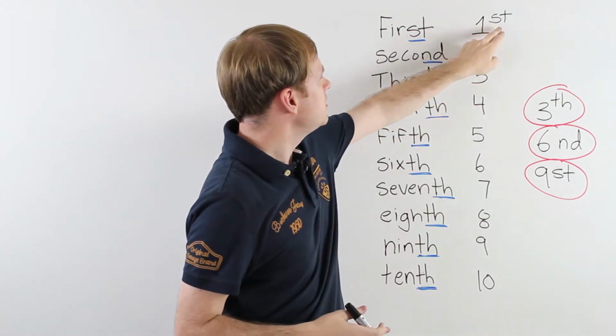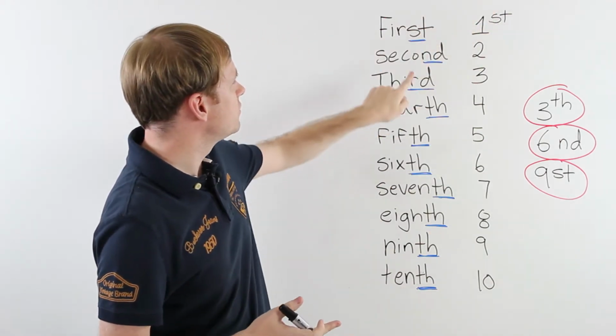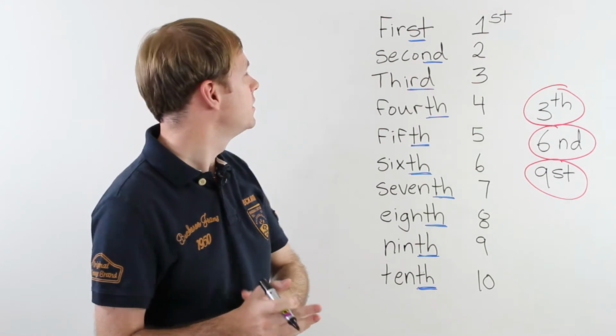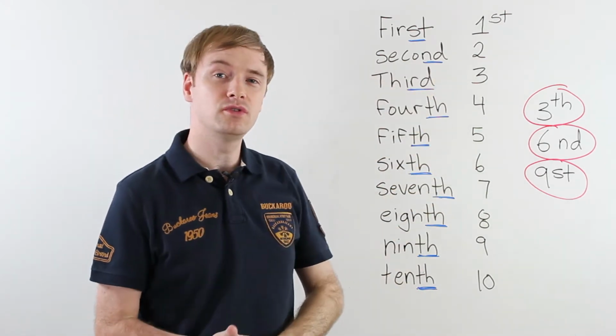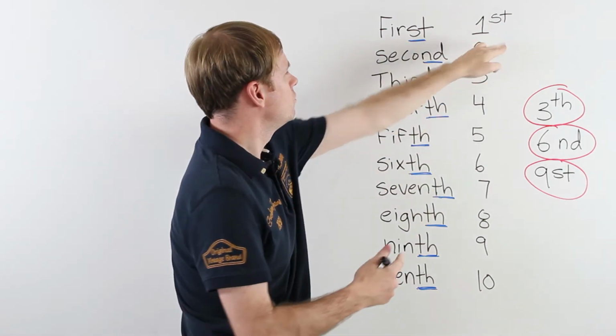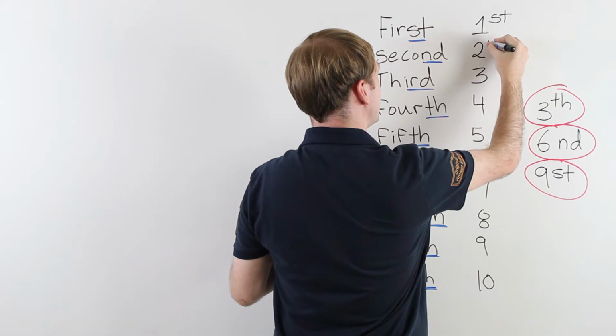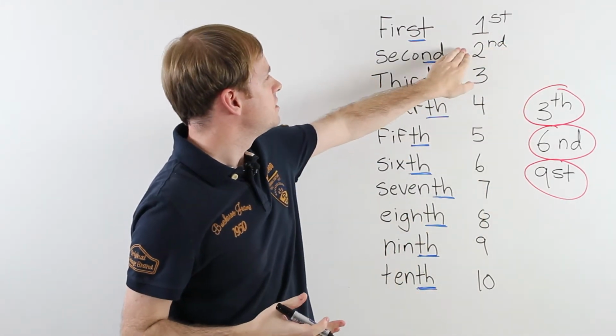And the ST is usually up, okay? Let's move on to second. Second, we see that is ND. So the last 2 letters of second, ND, 2, we have to put ND, all right? So now this is second.